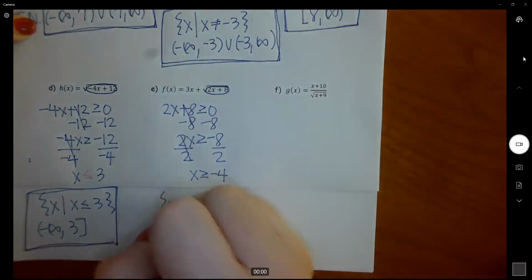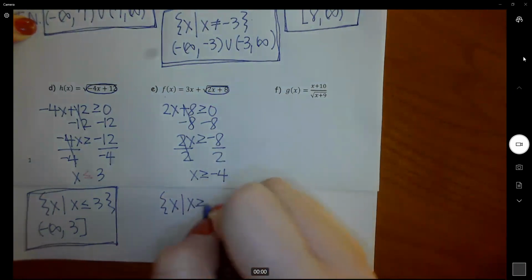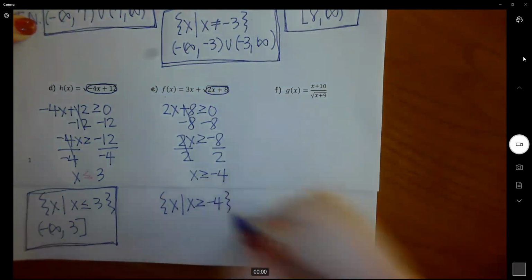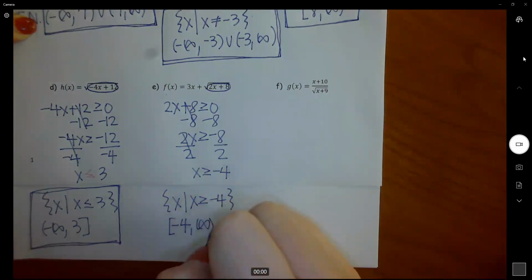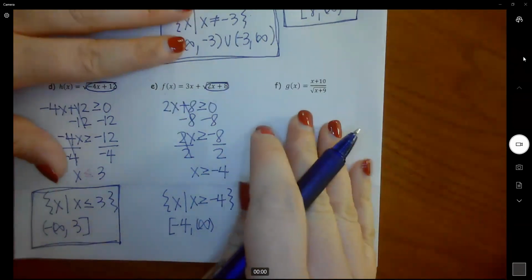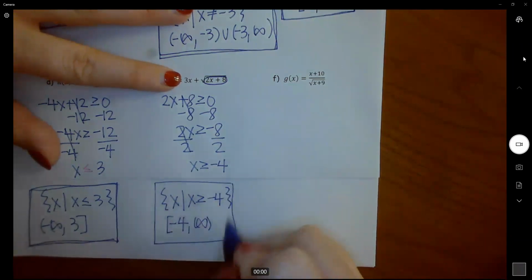In set notation, this is the set of all x such that x is greater than or equal to negative 4. And in interval notation, this is bracket negative 4 to infinity. We must use that bracket to say that that 4 is included in our solution set.